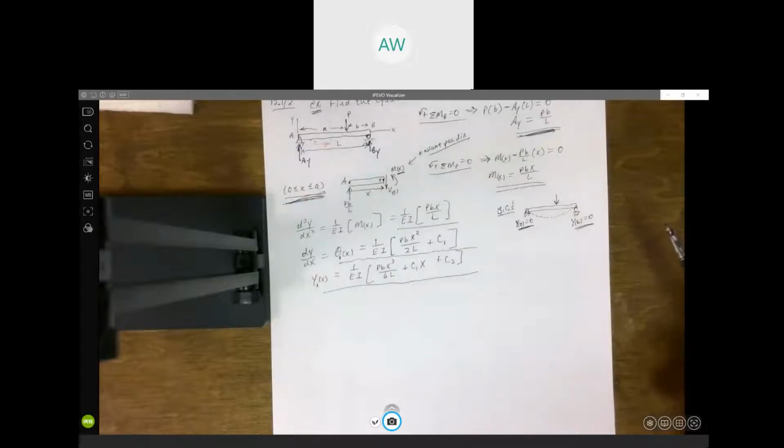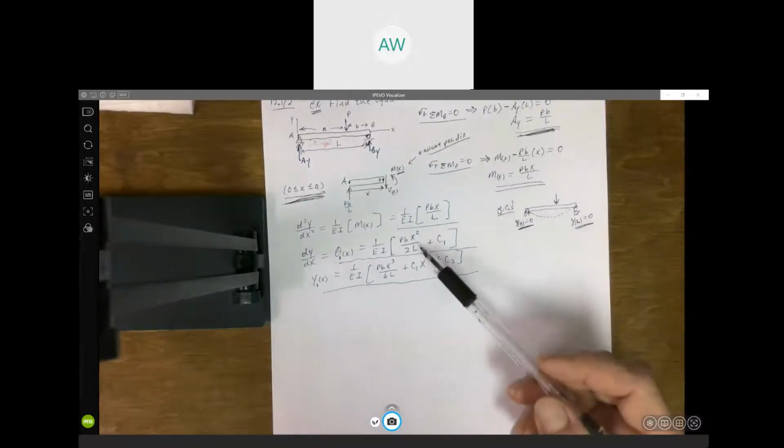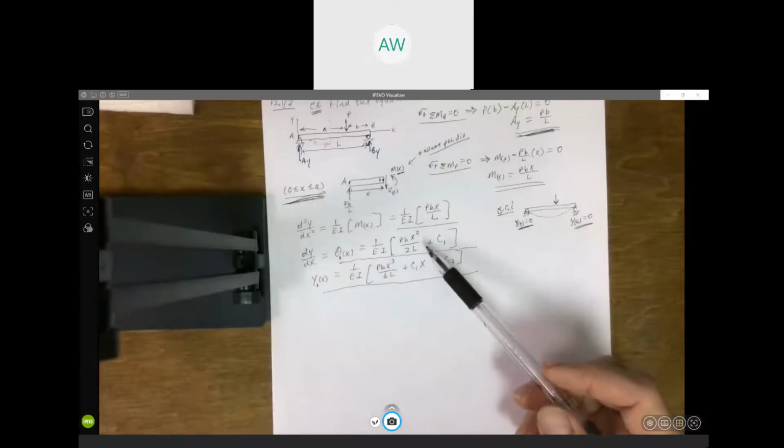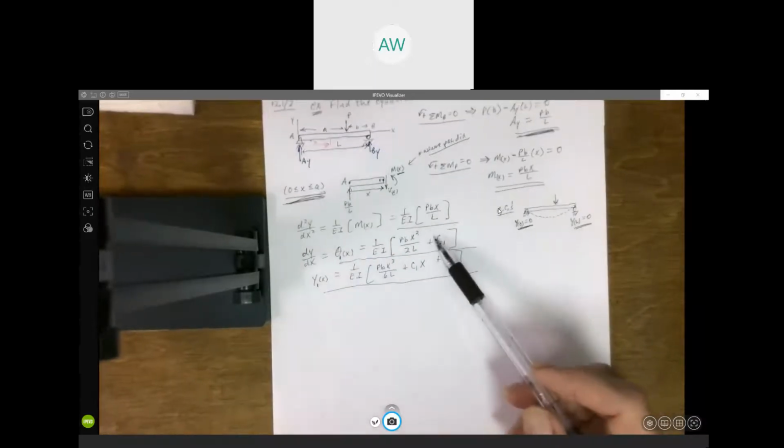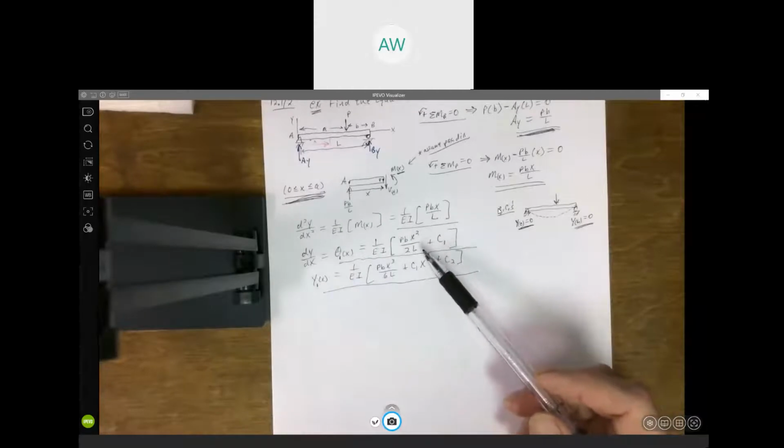Question: whether we'll use any other or just the y of x. Now, sometimes you'll be asked to find what the slope is. And if you're asked to find what the slope is, then you would use this equation for theta to calculate the slope.